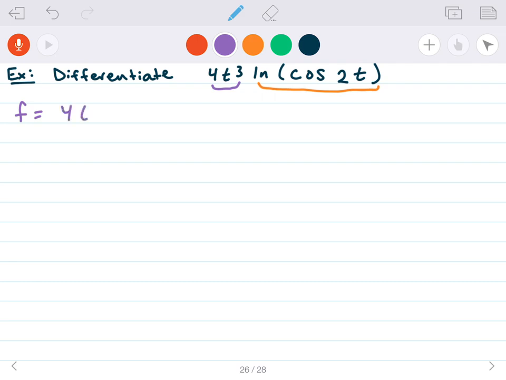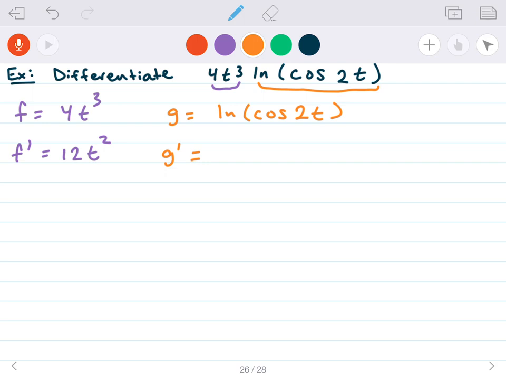F is 4t to the third. F prime is simply 12t squared using the power rule. G is going to be ln cosine 2t. Now g prime I'm going to have to use the chain rule for, because I have a composite function. I have a function within a function.